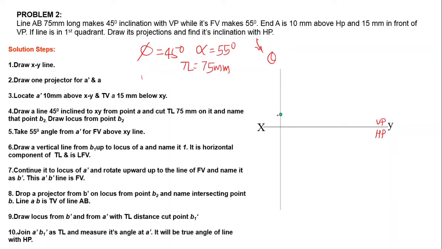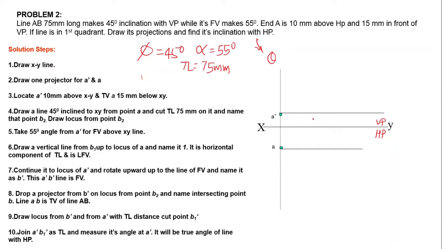This distance is equal to 10 mm. We can represent A dash here. A dash. Then 15 mm in front of VP. That means this distance from VP is equal to 15 mm. We have to mark that distance 15 mm here. Then this point will become point A. Then we can draw construction lines, horizontal construction lines.